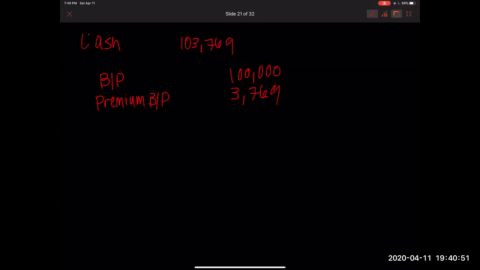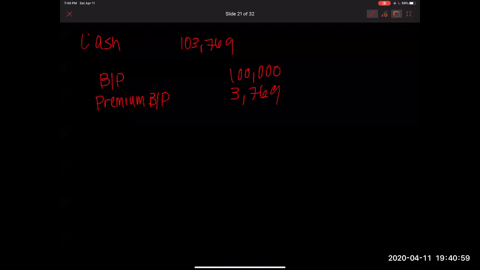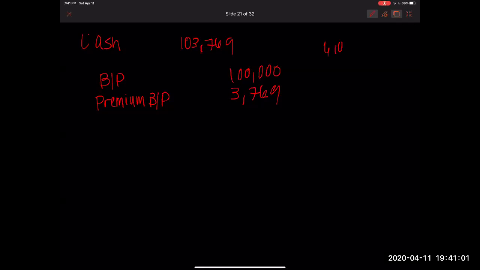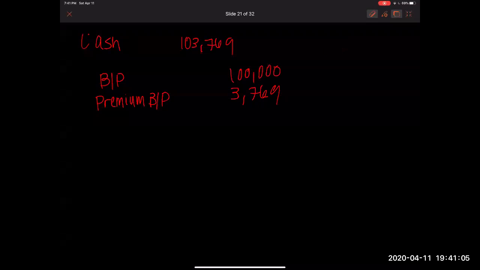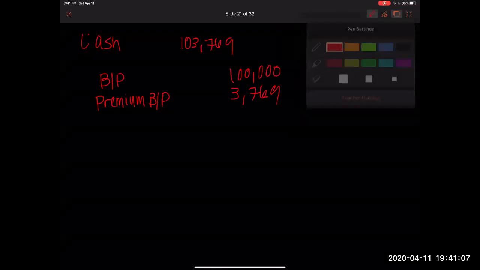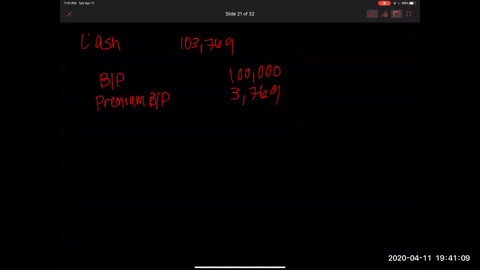And so to do that, what did not change is our interest expense. Remember, the way to calculate that is we're going to do the face amount of this particular bond. So it's going to be the face amount of $100,000 times the interest rate.